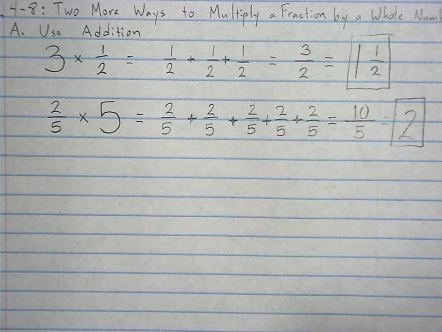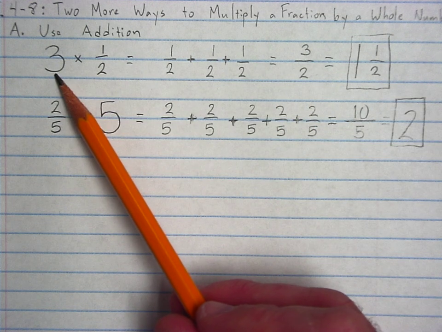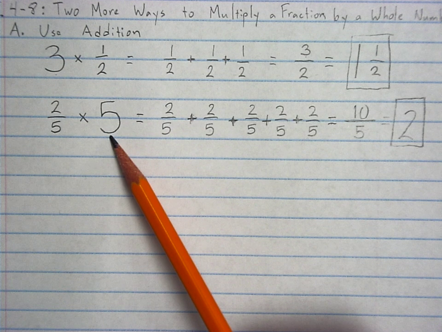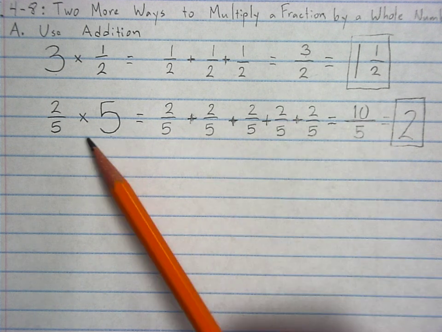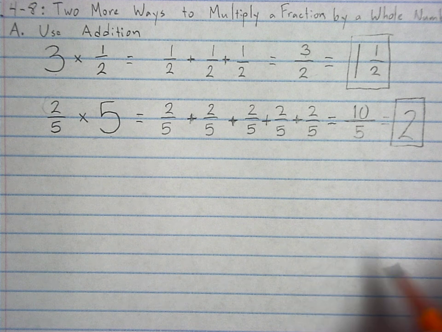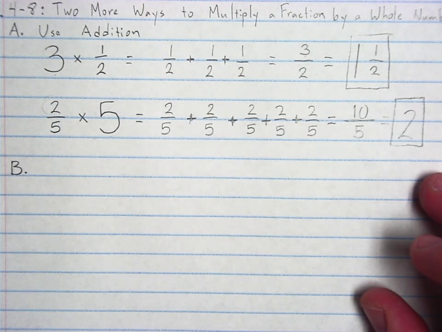Now, hopefully you're also noticing another pattern. We went from 3 to 3, 5 to 10. Why 5 to 10? Let's look at our next strategy.